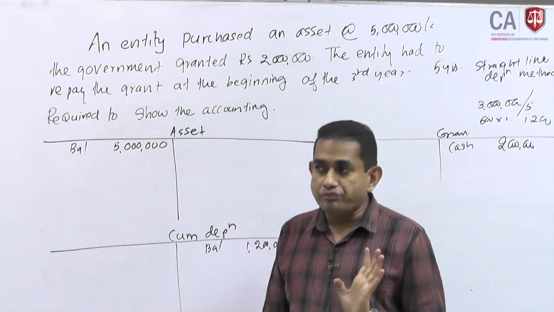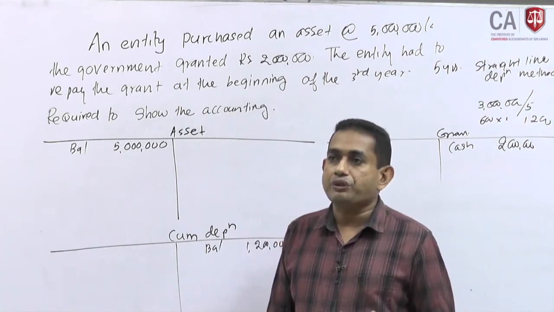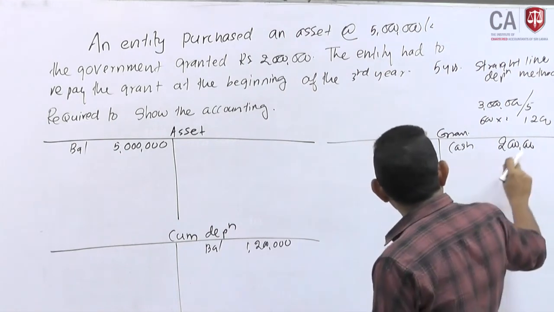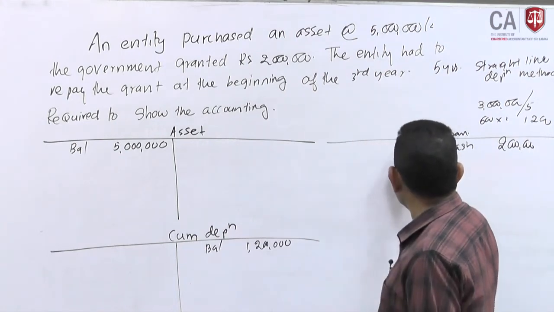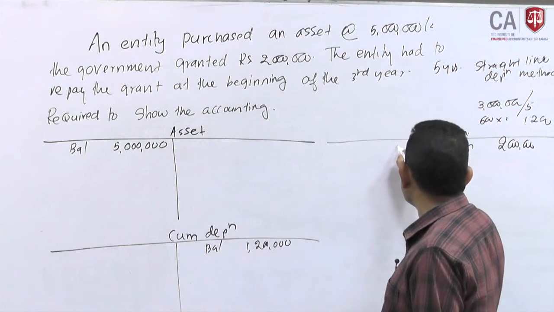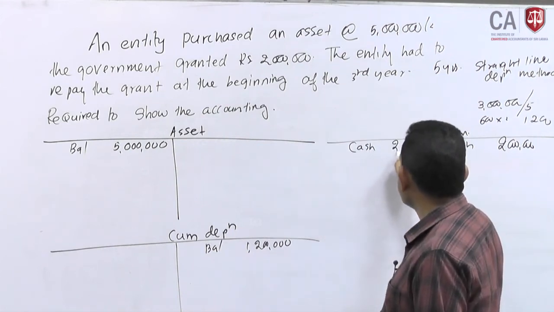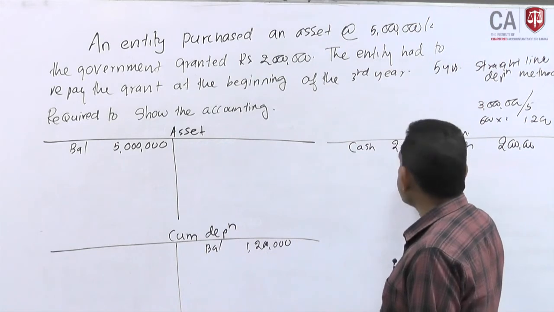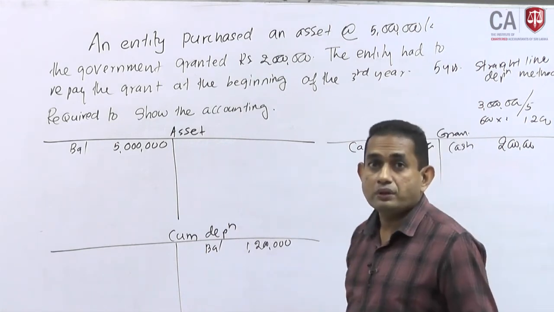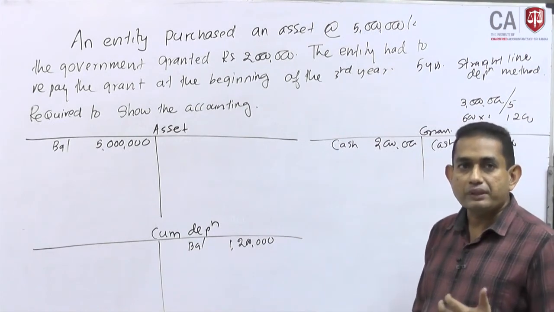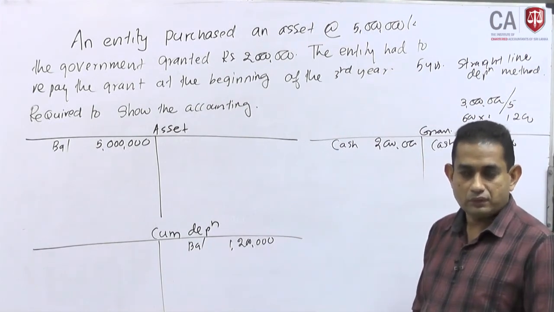At the beginning of the third year, the entity is required to repay the grant, and this account can no longer exist in our accounts now. So, you can credit cash and debit to this account so that the asset will be reshown. Now, that will make our depreciation figure inaccurate.